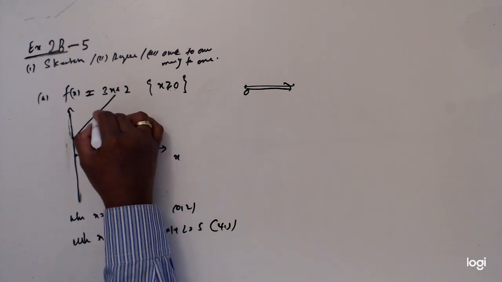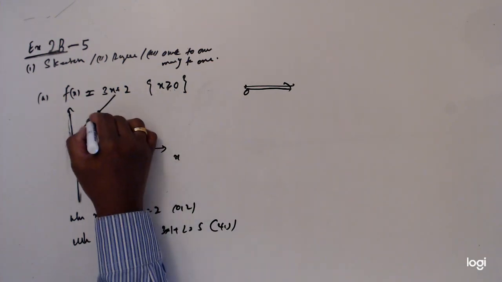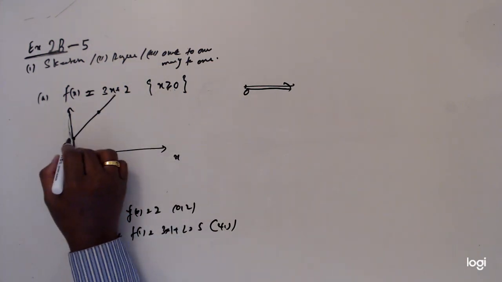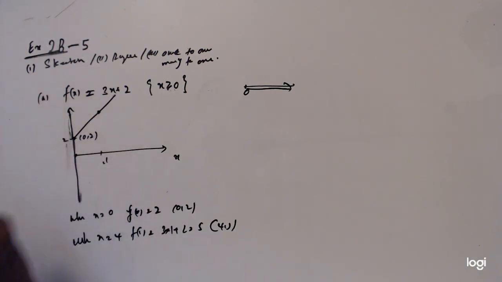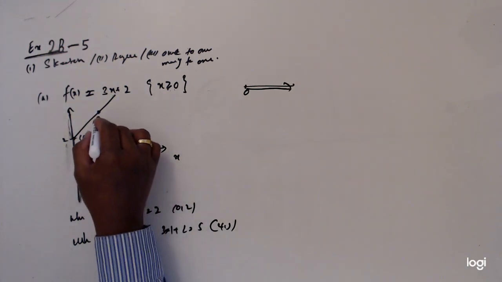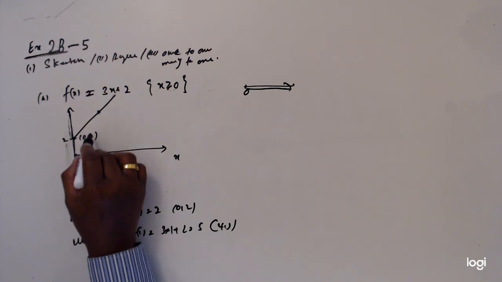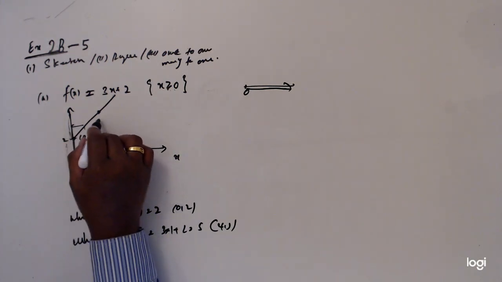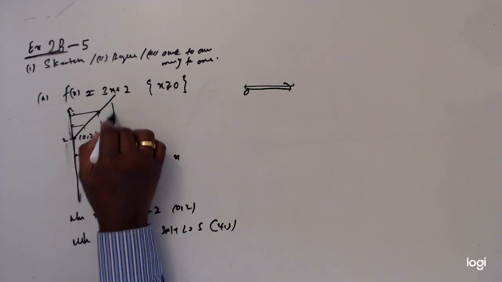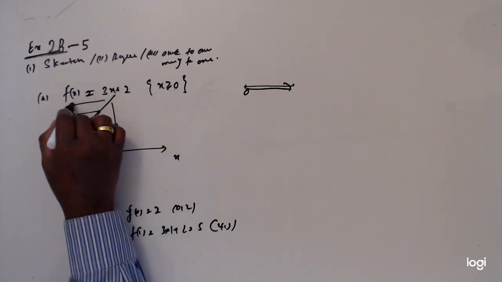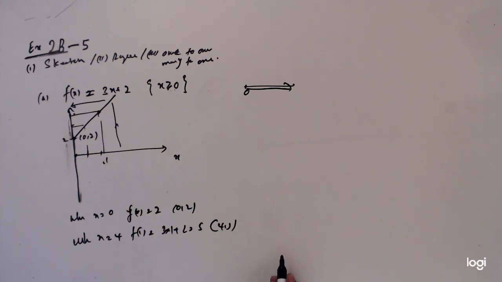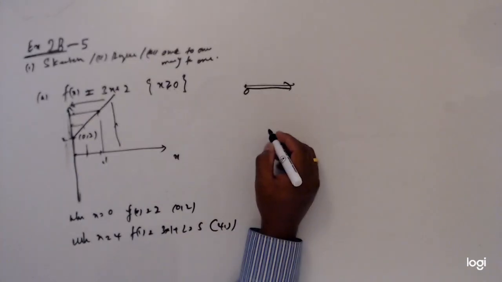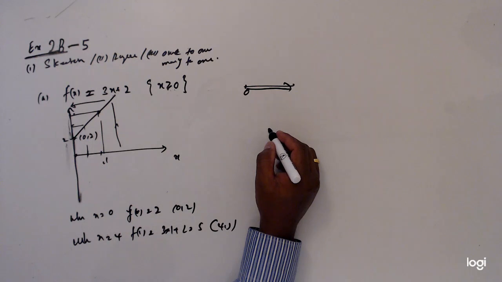So we can sketch this one like this, and this is the value 2 as the coordinate (0, 2). And so we can see that for each x value, we have one y value. So we know that this is hence 1 to 1.